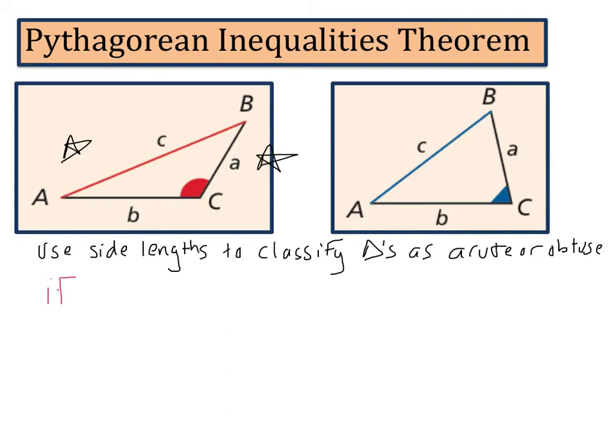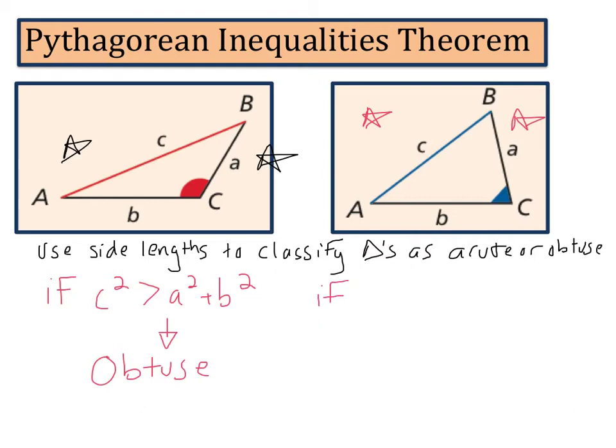So, if in a triangle c squared is greater than a squared plus b squared, then the triangle is going to be obtuse. And in this example here, if c squared is less than a squared plus b squared, then this triangle is acute.